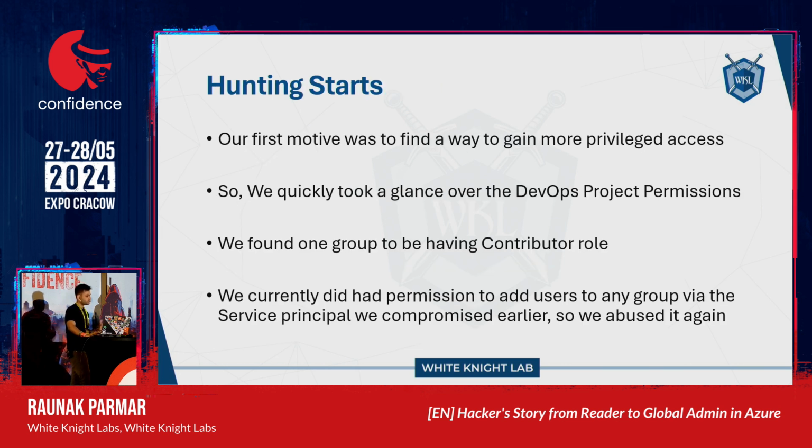And hunting starts. Our first motive was to gain as many privileges within DevOps as we could. So we quickly took a glance over the DevOps project permissions, and we found a group which had a contributor role. We currently had an app with group read write all permissions, as I talked about in the previous one. So by having those permissions, we added ourselves to that group, which is the AAD group.